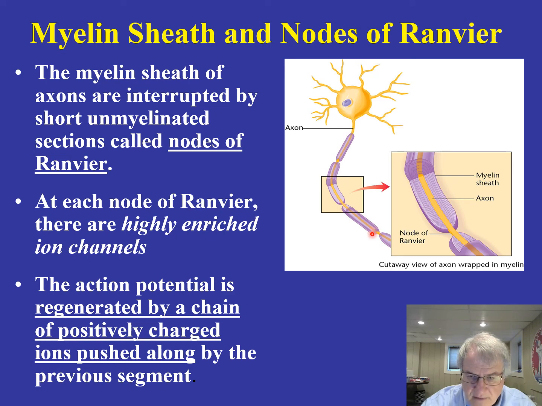Because they are so enriched, it causes what some refer to as a jumping excitation, which allows these positively charged ions to be pushed even quicker down the length of the axon.